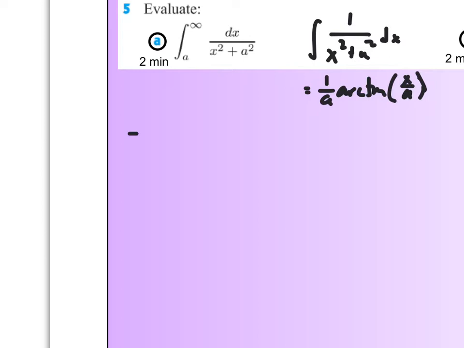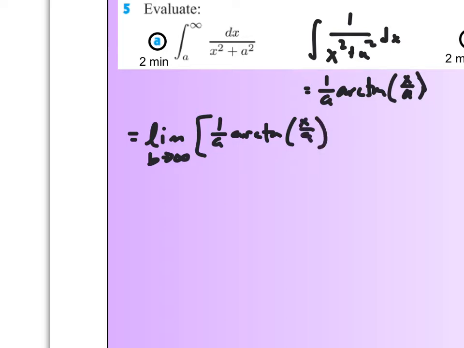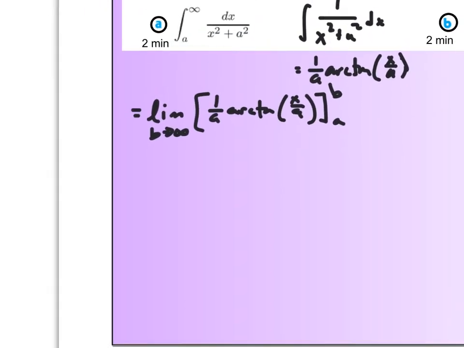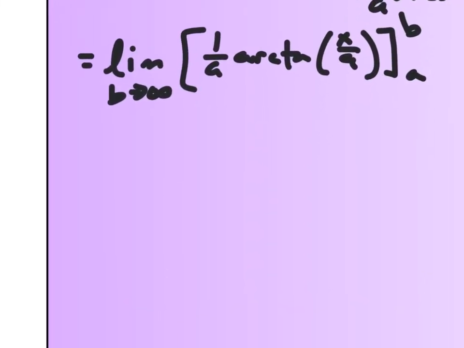But what we're going to be doing is taking the limit as b goes to infinity of this thing, arctan of x over a from a to b. Alright, so let's evaluate. Okay, so here we go.